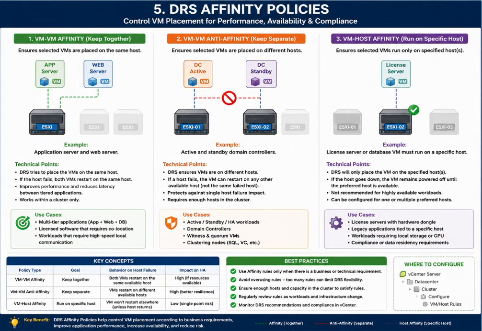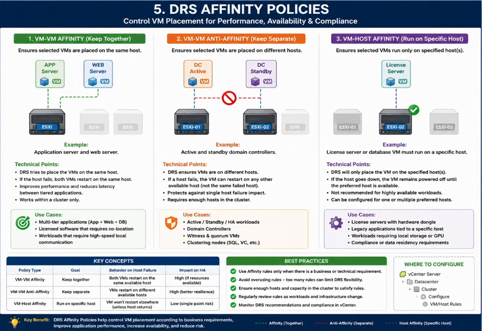The technical points here: DRS will ensure the virtual machines are placed on different ESXi hosts. If a host fails, the VM can restart on any other available host, not on the host where the other virtual machine is. It protects against the impact of a single host failure, and it requires enough hosts in the cluster to keep this rule available.